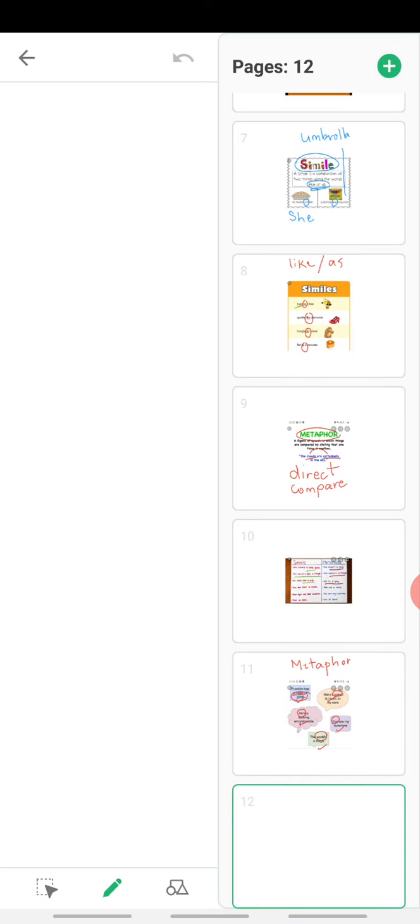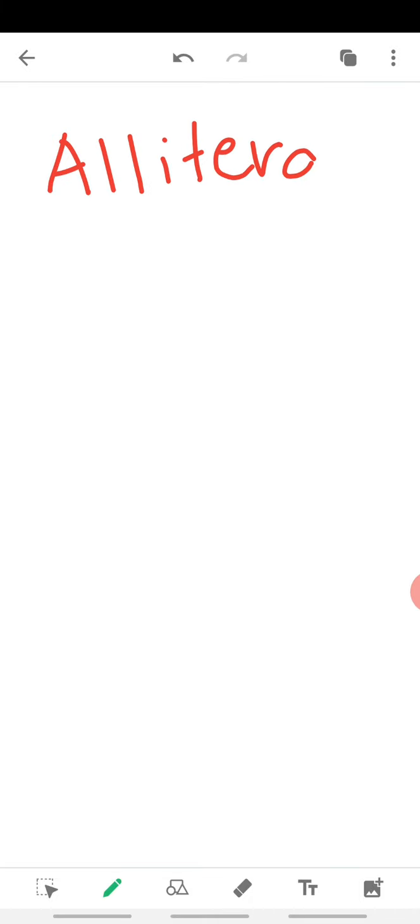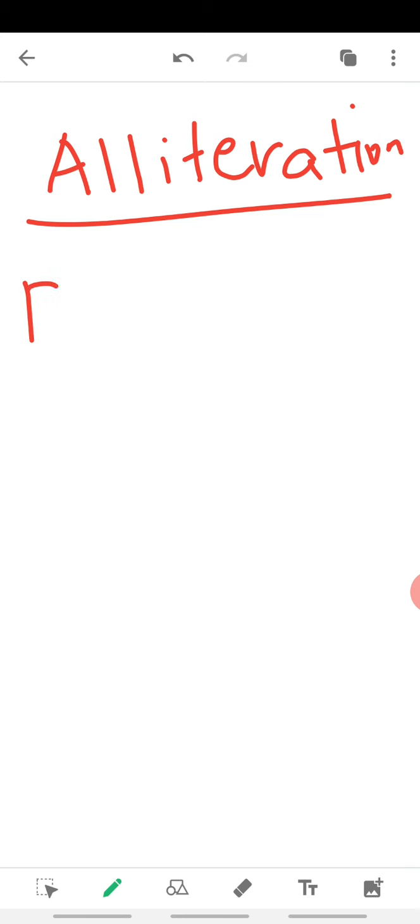So let us quickly revise all the figures of speech that we did just now. We did alliteration, that means the first sounds are repeated, the first letter sound is repeated of a consonant. Second one we did is repetition.